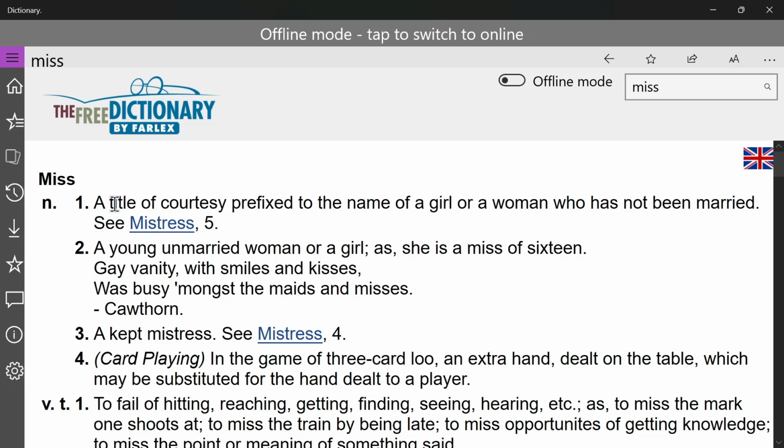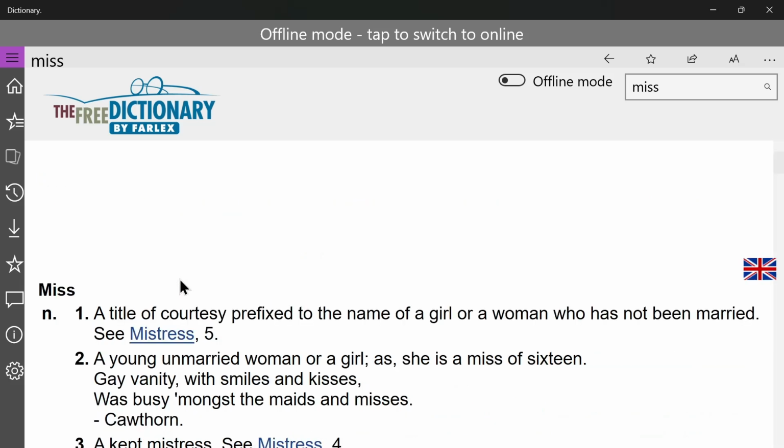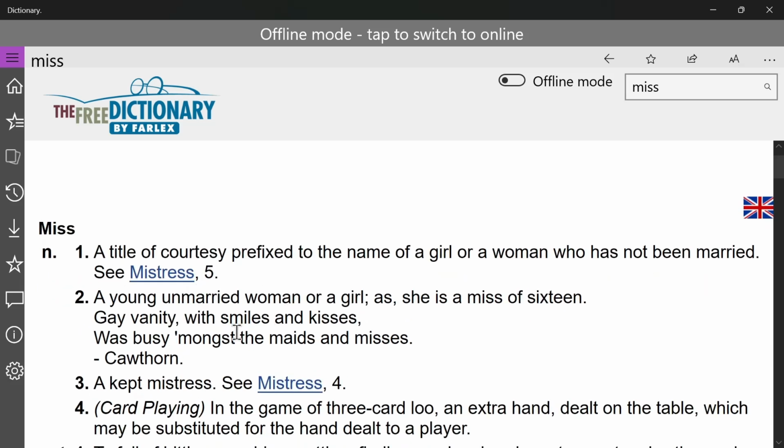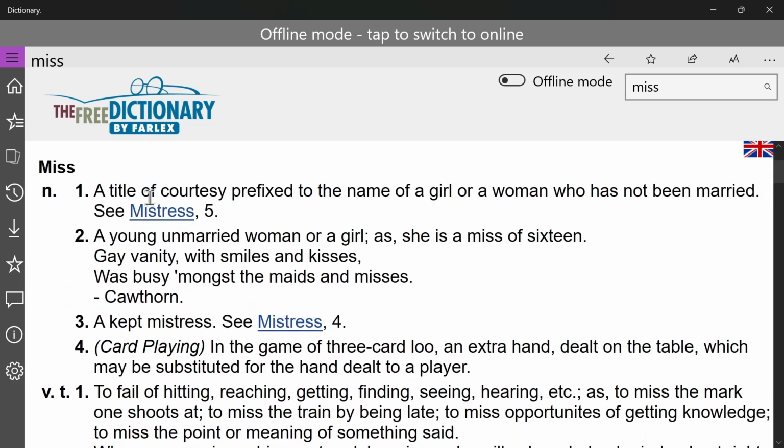This Miss is also a title, like Miss Angelina Jolie. Like Mr., and for women you can say Miss. Yeah, hello Miss. It's maybe the short form of mistress.